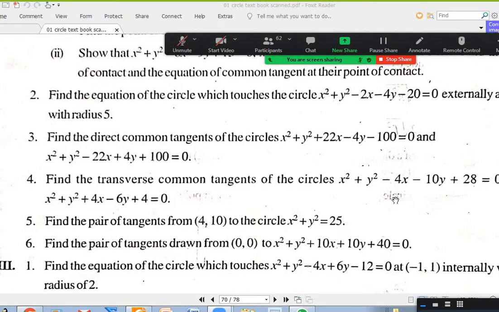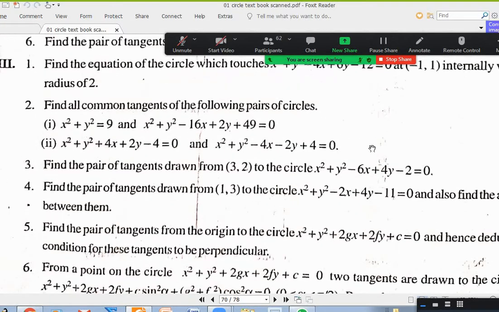Okay, section 2. Anybody has any other doubt? No, sir. Okay, section 3, first 3 questions. Anybody any doubt?